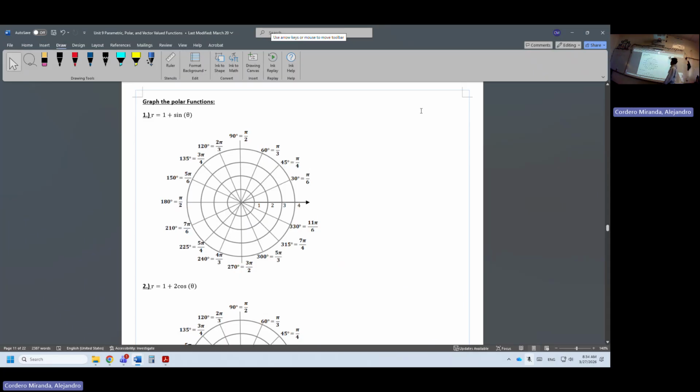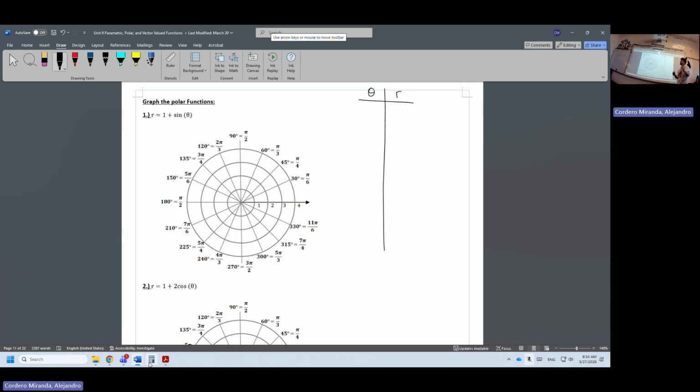So the sure way to do these every time is to make a little table, which is what I want to do. Here the independent variable is theta, so that's the one I'm choosing. Depending on how confident you are, you may need to do every single one: 0, pi over 6, pi over 4, pi over 3, pi over 2, so you get a good picture.